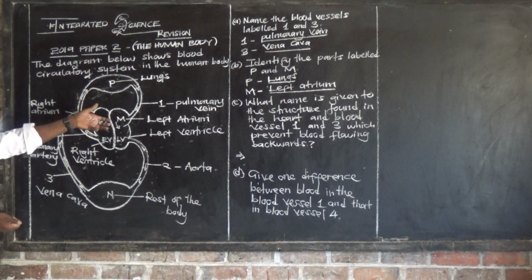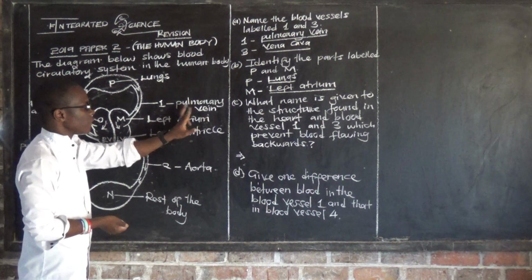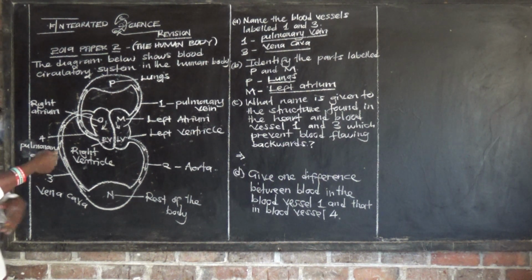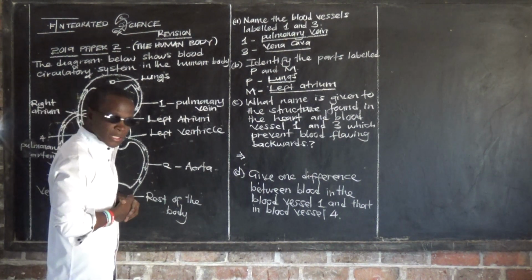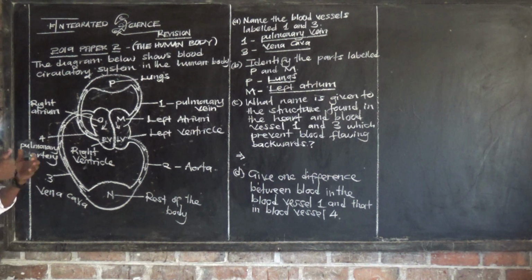Not only in the heart, even in blood vessel 1, which is the pulmonary vein, and the vena cava. We have got what we call structures, or what we call valves. These structures are called valves. So valves are the structures which prevent the backflow of blood. So what is the function of the valves in the circulatory system? It is to prevent the backflow of blood.